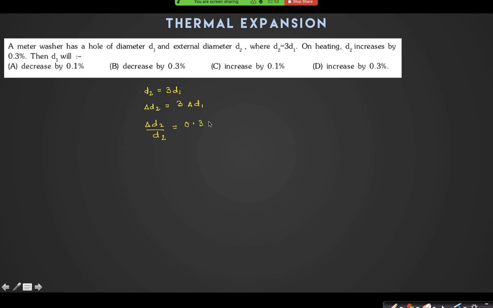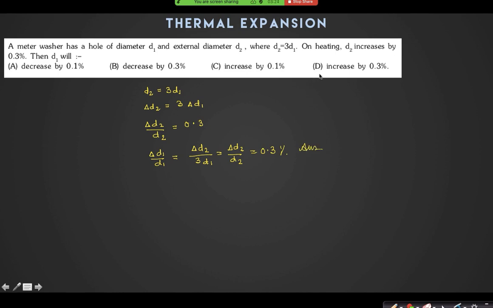It is given in your question. I have to calculate what is delta D1 by D1. Now delta D1 by D1 is equal to delta D2 divided by 3D1. Now 3D1 is also D2. So it is nothing but delta D2 by D2. So the percentage change will be the same. 0.3% will be this one also.